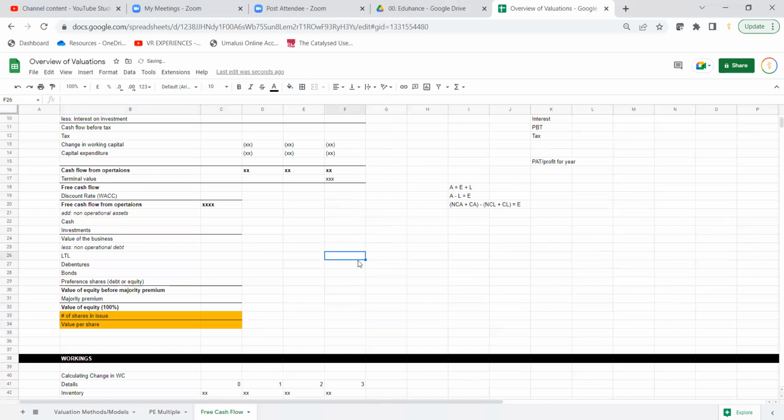Okay. So that is the free cash flow model, and I covered the PE multiple. Are there any questions on your side? Any questions? Yes, no?